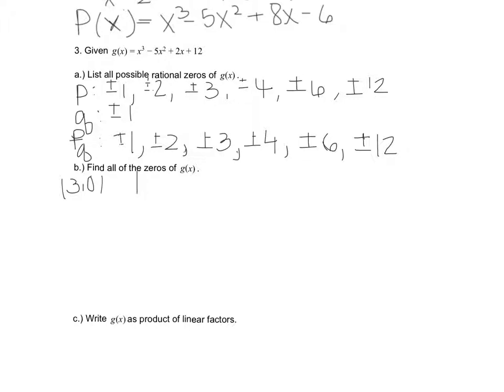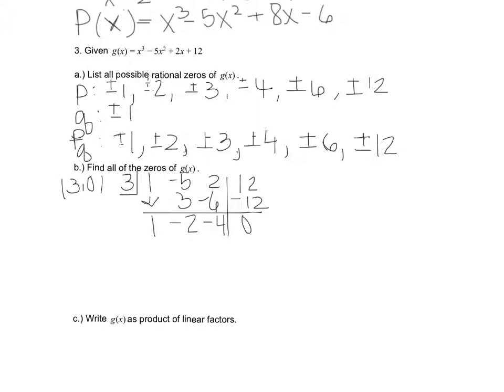So plugging in our 0, 3, our coefficients, I should say, are 1, -5, 2, and 12. Bring down 1. 1 times 3 is 3. -5 plus 3 is -2. -2 times 3 is -6. 2 minus 6 is -4. -4 times 3 is -12.